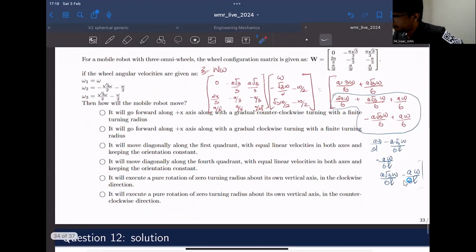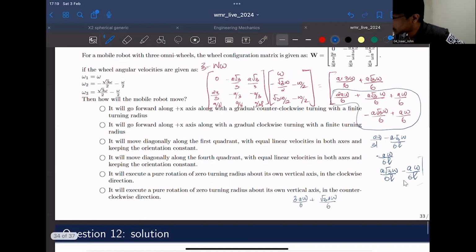Okay, so if everything pans out, how will each of these terms look like? The first term would be 3a omega by 6 plus root 3a omega by 6. The second term, if you simplify, I think these two terms will get cancelled.